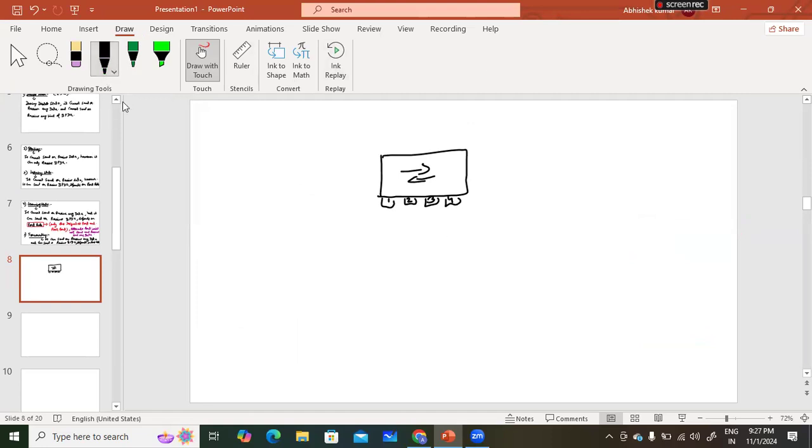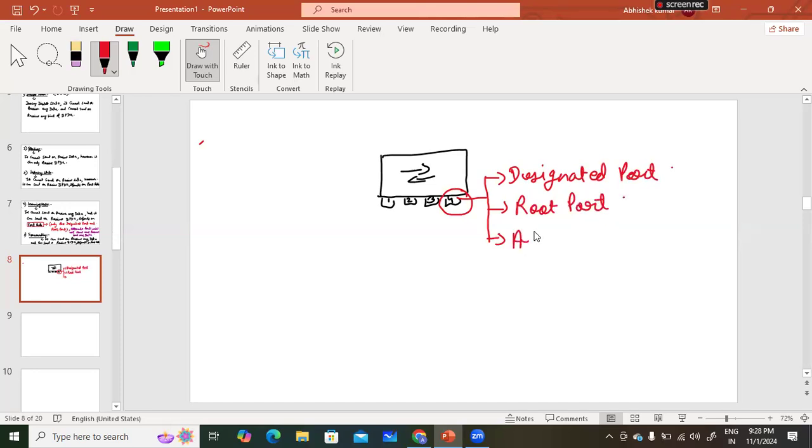My question is that this particular port, port number 4, can play 3 types of role during STP. Either it can be your designated port, your root port, or your alternate port. And this is not only for this particular port, this is the same for all the ports in the switch.